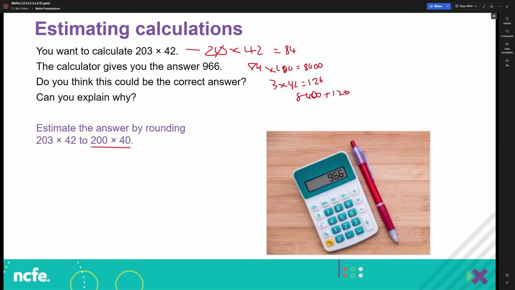So once you've rounded it to 200 by 40, you can continue to solve it. So 200 times by 40 is just 2 times by 4 times by 1000.